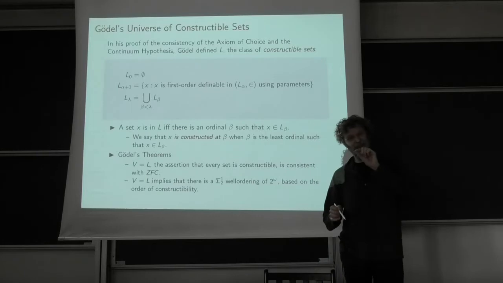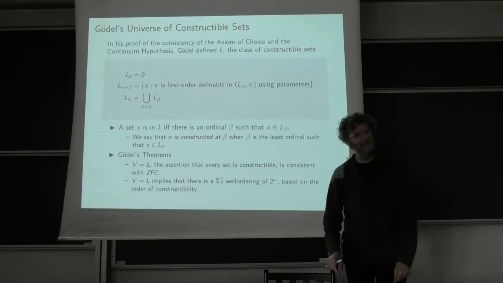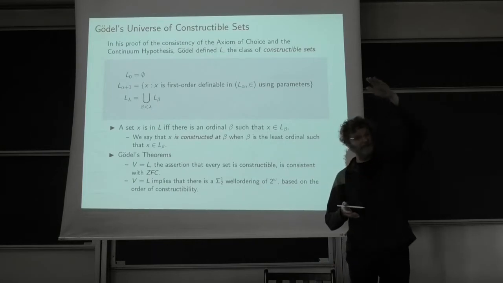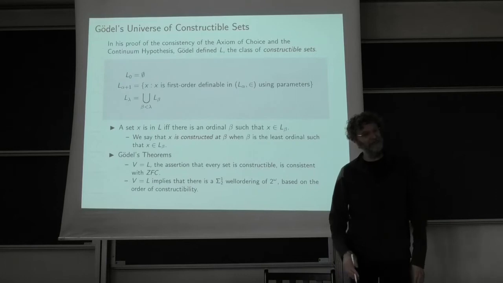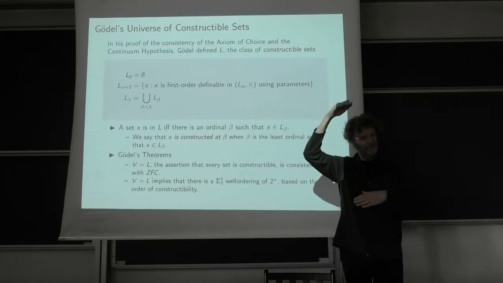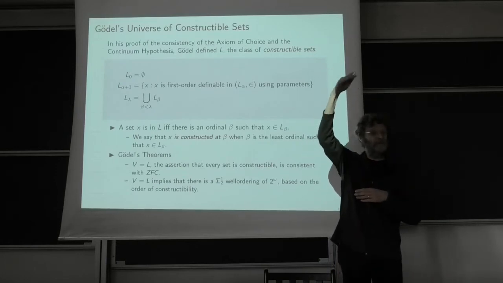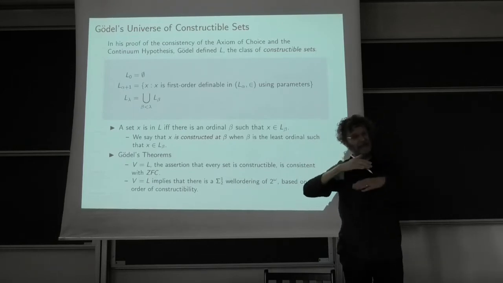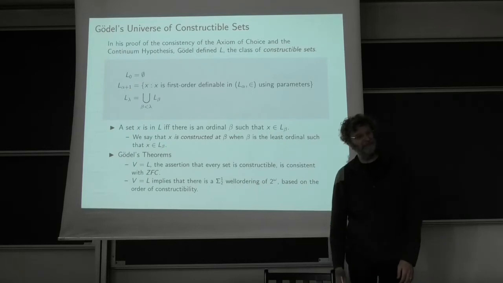Gödel showed that every subset of omega is constructed at some countable point. Once you get past all the countable ordinals, there are no more reals that show up. So you don't have to go through all the ordinals and keep getting a new subset of omega. You get all of them at some countable point in the process.